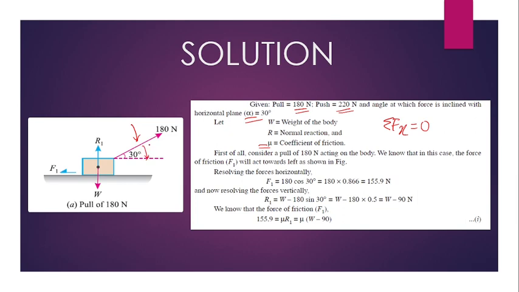The horizontal component of the 180 Newton is 180 cos 30, and the vertical component is 180 sin 30. So F1 equals 180 into 0.866, which is 155.9 Newton.